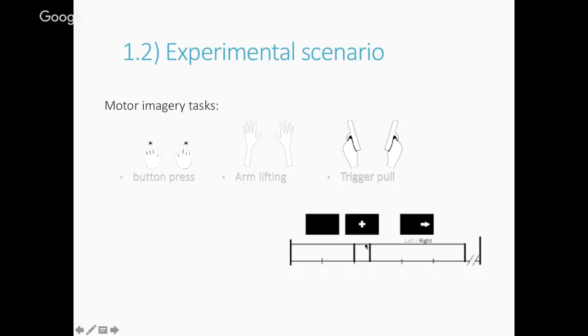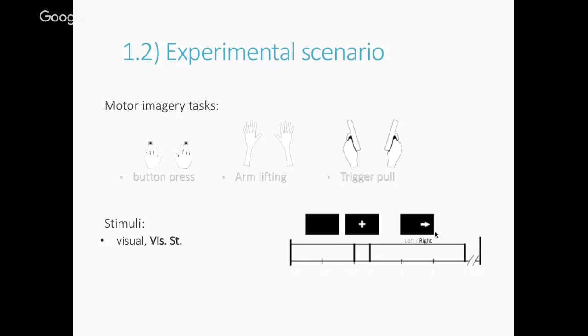Then the next stimuli appear, which refers to the attentional period, where the user focuses on the screen and prepares for the actual task, which consists of 0.5 seconds. And then it is followed by 3 seconds of task. In this case, left or right motor imagery, which is triggered by 3 types of stimuli separately.